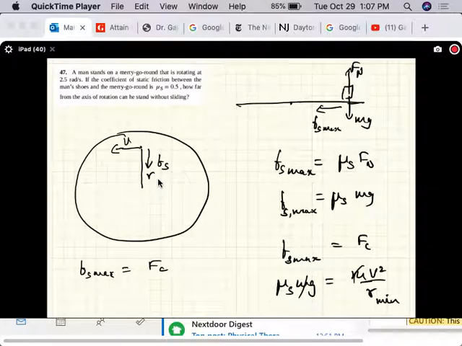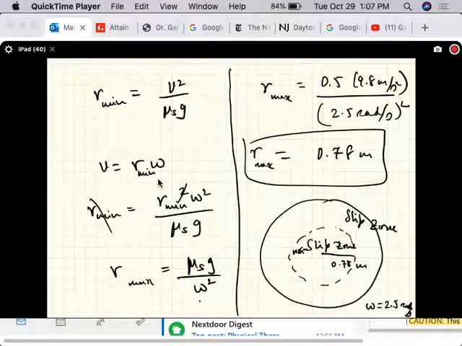And you see, had we read this carefully, how far from the axis of rotation can he stand without slipping? So that's the maximum distance he can stand. And beyond that, he'd slip. Yep, you were right.